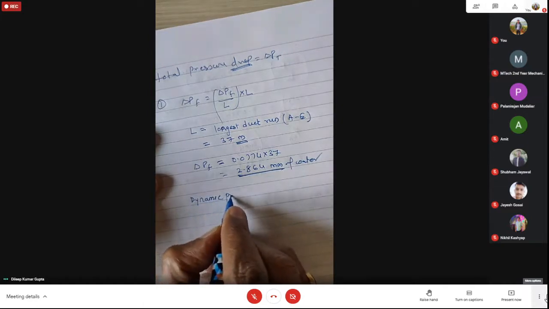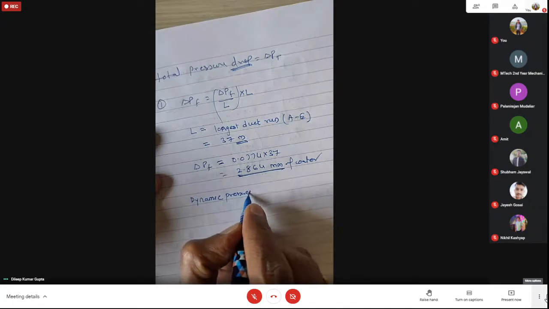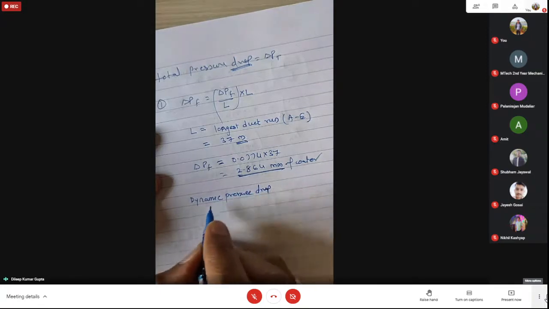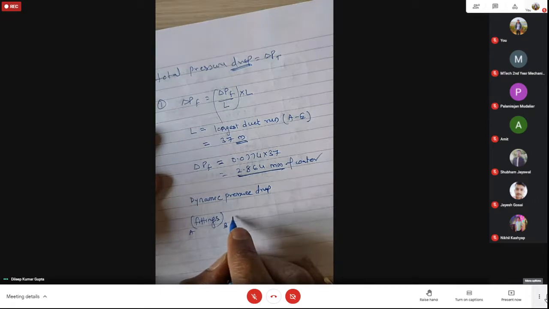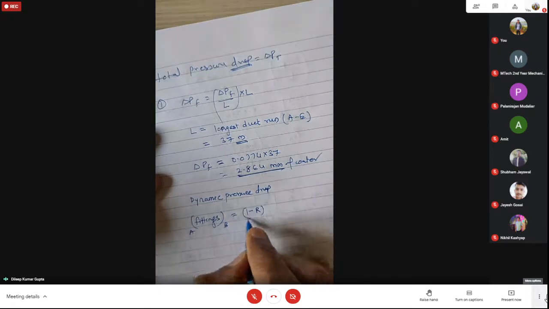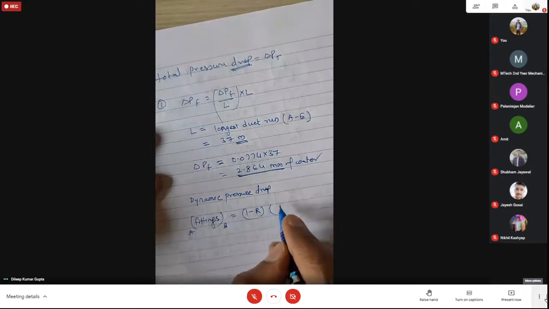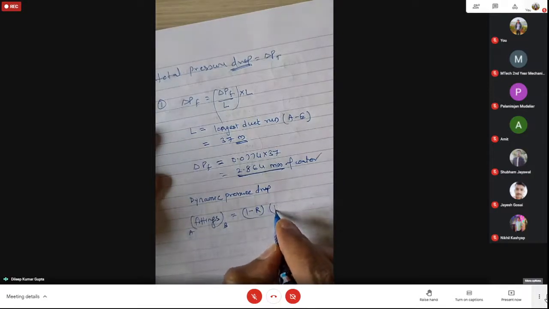Now you have to find out the dynamic pressure drop, and this dynamic pressure drop will come with respect to fittings. If you are going from A to B, there is a fitting, so this will be equal to 1 minus R into the fitting. So it will be PV1 minus PVA minus PVB.